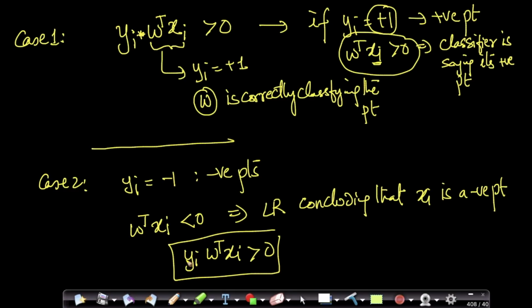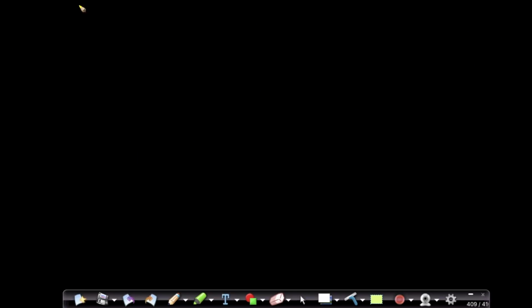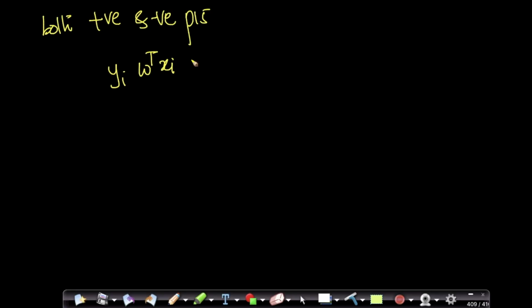Right? So this is for positive points, and this is for negative points. Whether it's a positive point or a negative point, if yi w transpose xi is greater than 0, this is important. For both positive and negative points, if you take yi w transpose xi and it is greater than 0, what does this imply?